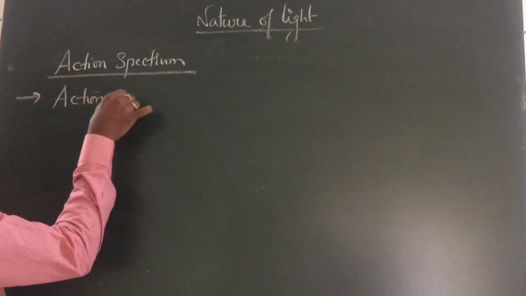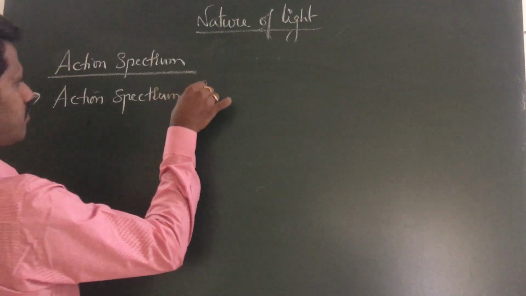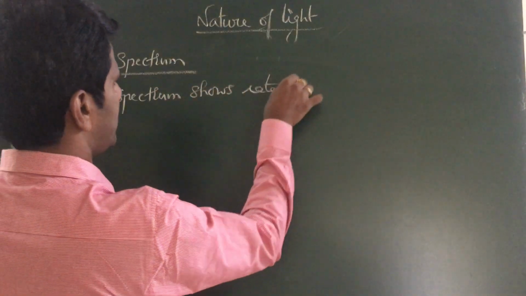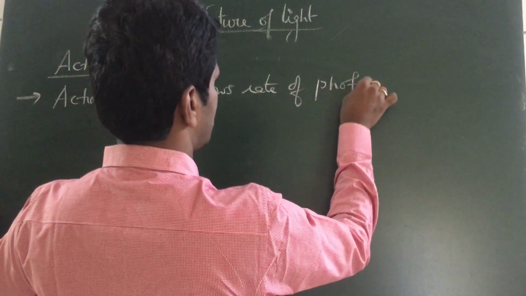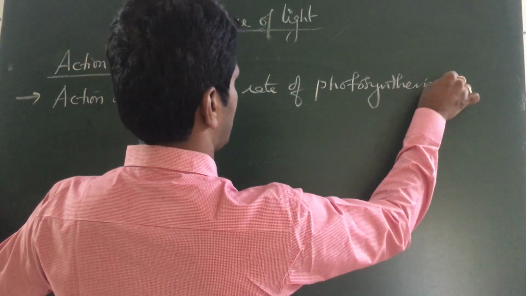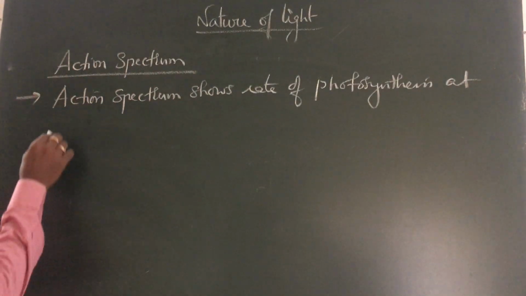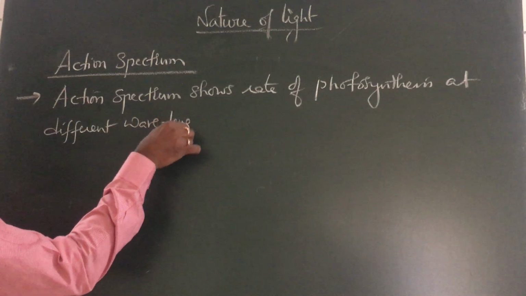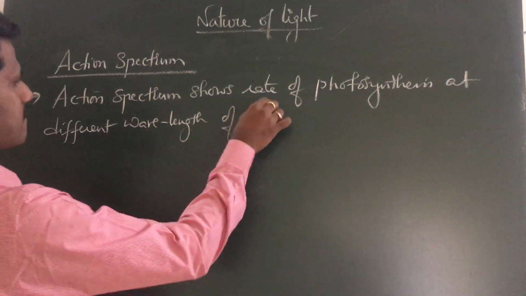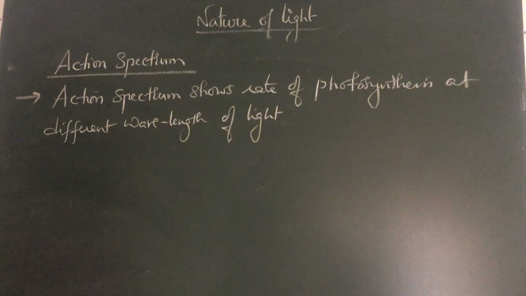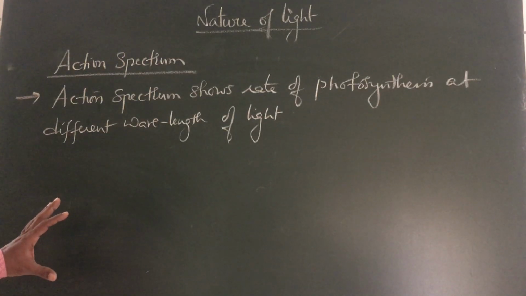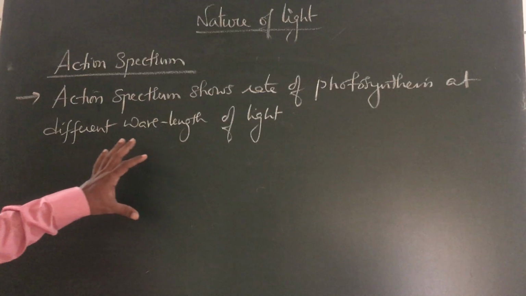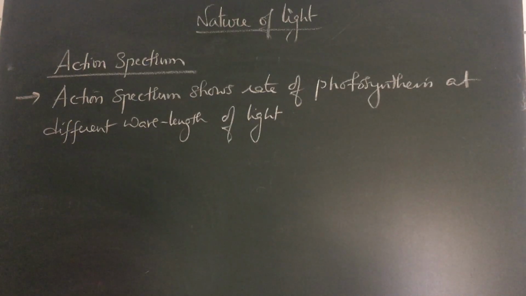Action spectrum shows the rate of photosynthesis at different wavelengths of the light. So here the light is absorbed by the pigments in the chloroplast and oxygen is released.